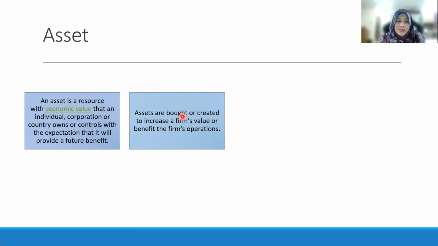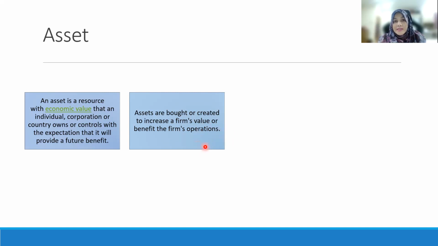For example, when machinery is used to produce goods, then by selling the goods, the company can increase its value. Before this, they started with 1 million capital. By producing and selling goods, definitely they can make a profit, which will increase the value of the company, from 1 million to 1.2 million, for example. And then it can benefit the firm's operation.